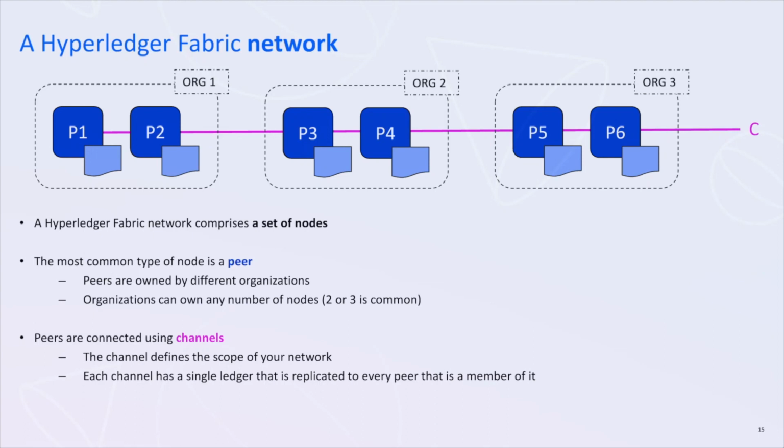Similarly, in org2, there are two other peers, P3 and P4, which are again connected through a channel. So a channel defines the scope of the network. The scope of this channel can be local as well as across the entire network. Each channel has a single ledger which is replicated to every peer that is a member of that particular channel.